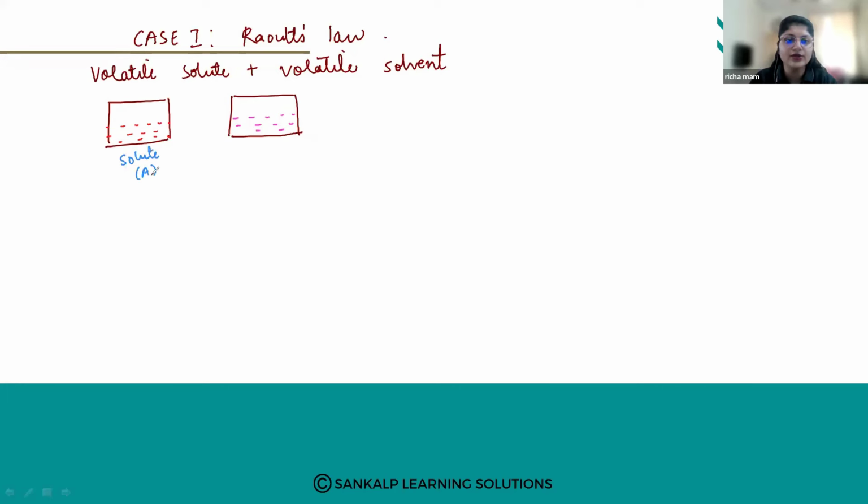So you know that solute is present in less quantity, right? And solvent is present in more quantity, right? So this is B. We are taking this as B. Now solute means what? Solute will be only one type. Solvent also will be of one type.